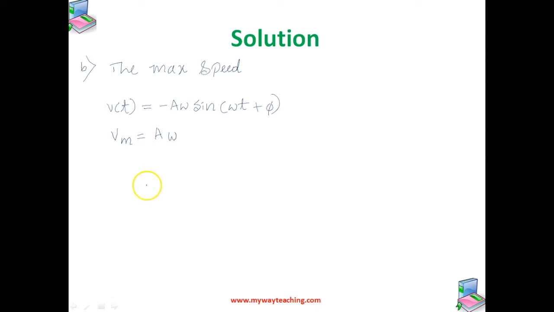Okay. So that is 0.1 into square root of k by m. Again, that is equal to 1 meter per second. So this is the solution for the second part of the question. Okay.